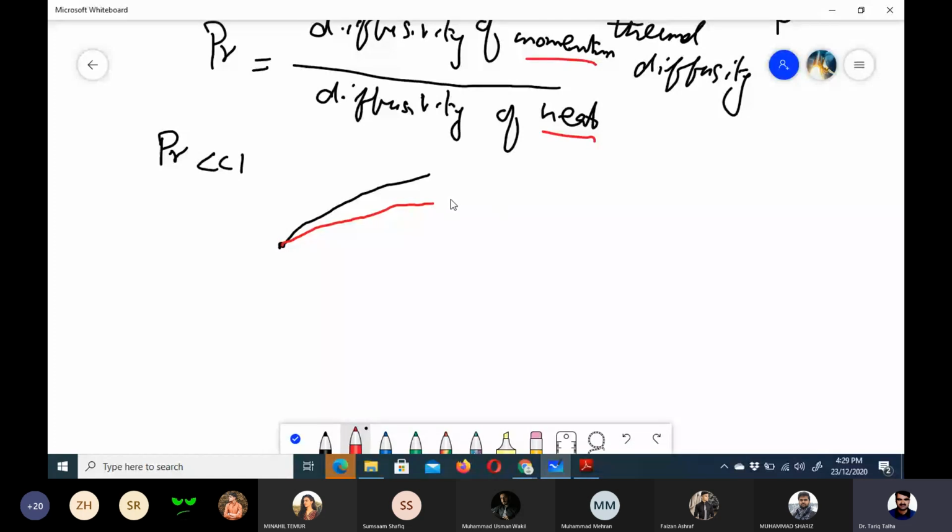The thermal boundary layer, which is due to heat, or the diffusivity of momentum? Can anyone tell me here?